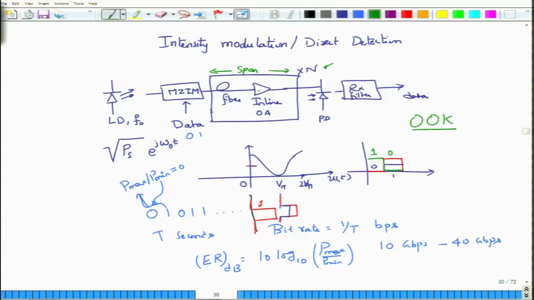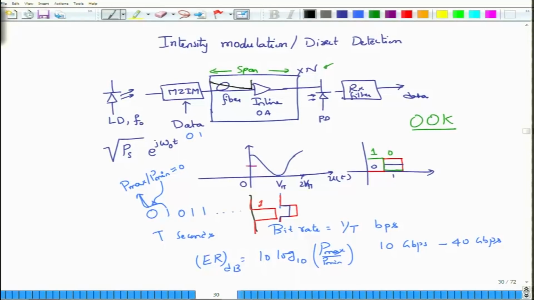This erbium doped fiber amplifier will have its gain exactly equal to the loss of the fiber. So the input signal, whatever is launched here, will start to decay because of the attenuation in the fiber, and after it passes through the inline optical amplifier, the output would be pulled back to its original position.